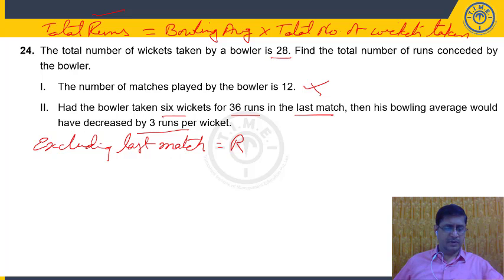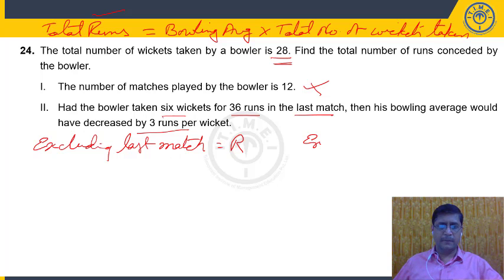And what is the next one? What is given here? Number of wickets taken, if you observe, here 6 wickets taken in the last match for 36 runs. So actually bowling average is given, number of wickets is given as 28.